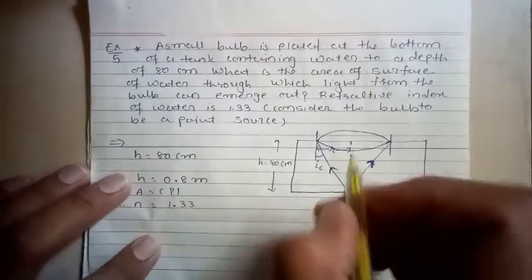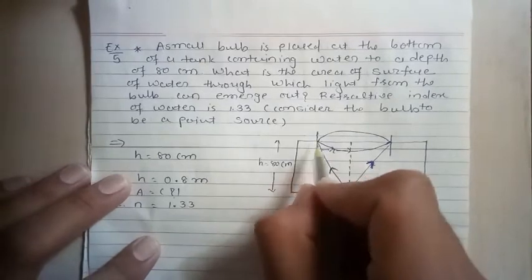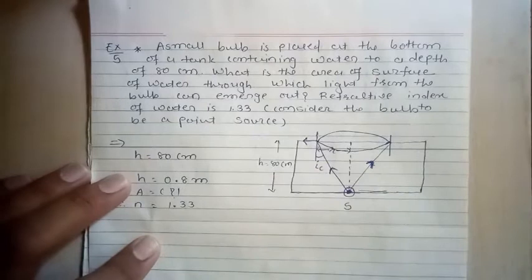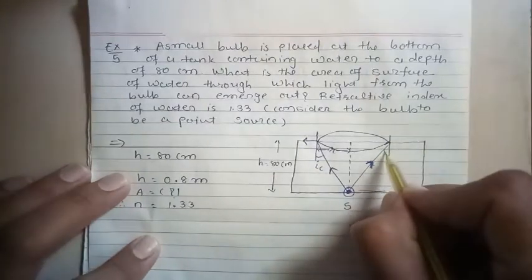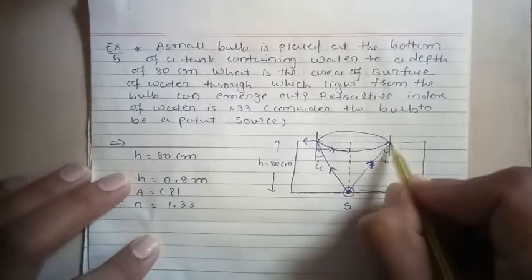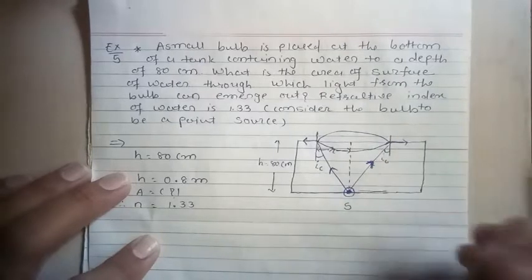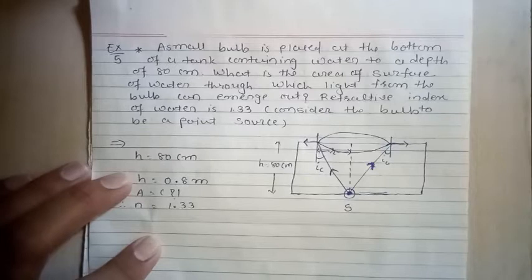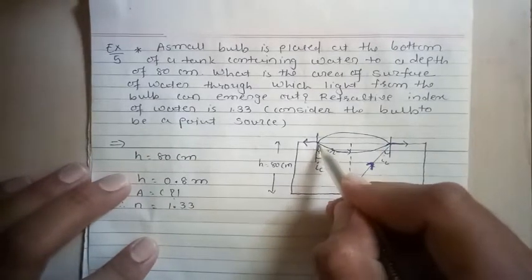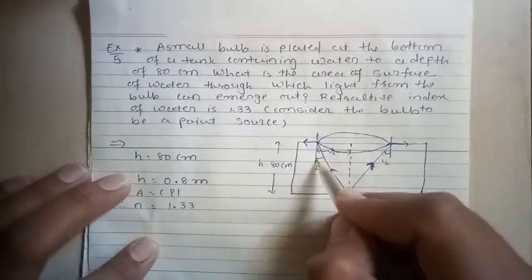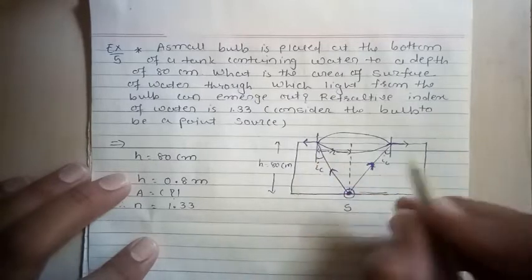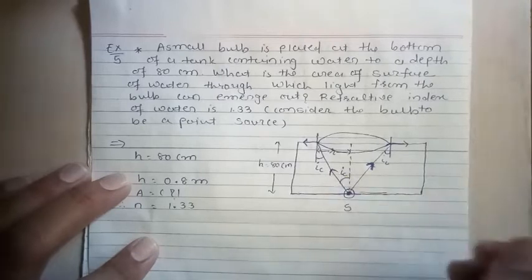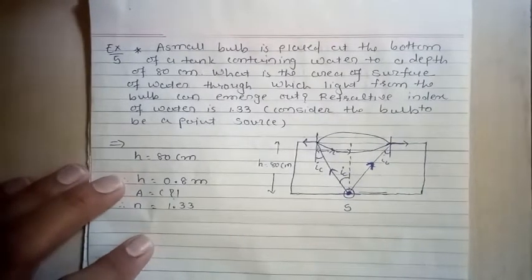So the ray is refracted like this, right? Here this is also the critical angle, so the refracted ray goes like this. Now here you can see that this is Z. So if this angle is critical angle IC, then this is also IC, right?